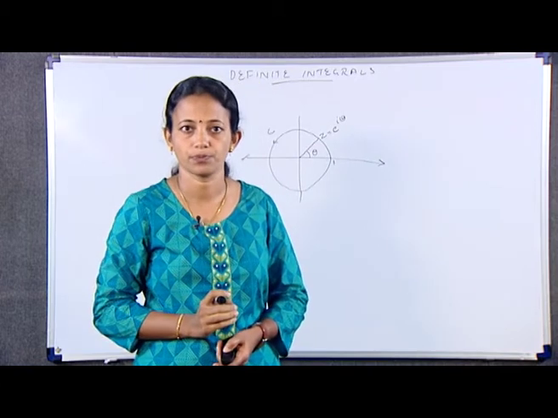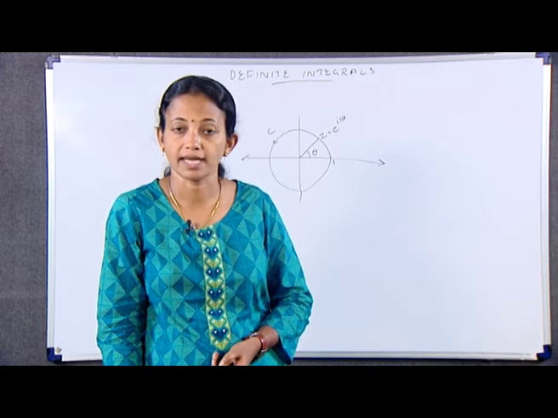Equation number 2. Since we know sin theta is equal to e raised to i theta minus e raised to minus i theta by 2i, and cos theta is equal to e raised to i theta plus e raised to minus i theta by 2, d theta is equal to dz by iz.